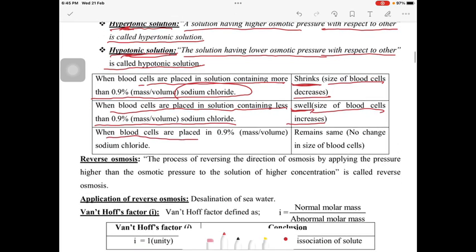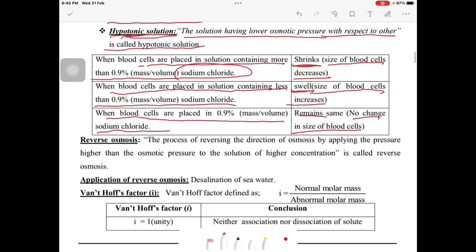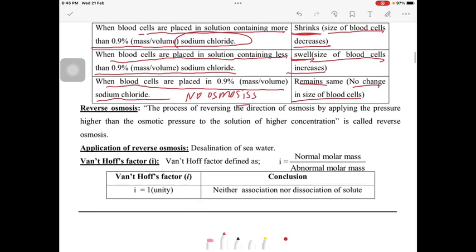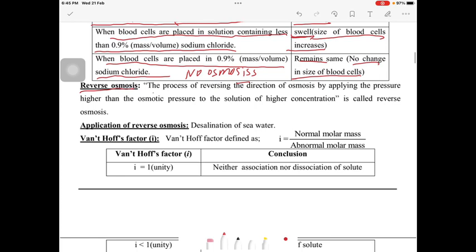When placed in 0.9% sodium chloride, the size remains the same, because there is no osmosis. Reverse osmosis: reversing the direction of osmosis by applying pressure higher than the osmotic pressure to the solution of higher concentration. Application of reverse osmosis: desalination of seawater.